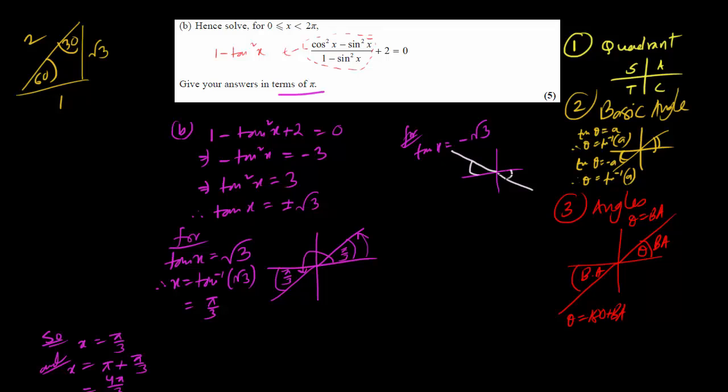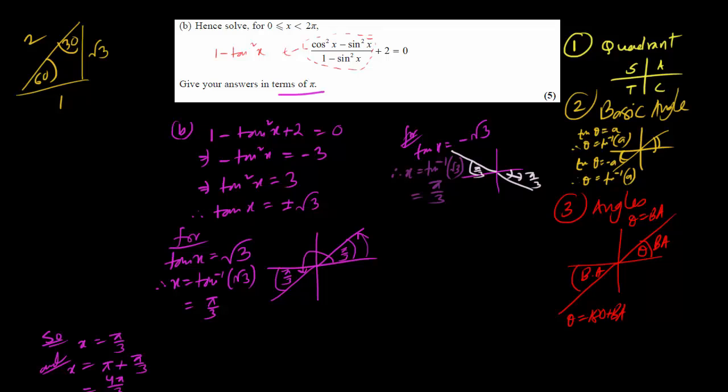So let's find the basic angle. Remember, the basic angle is going to be the absolute value. Therefore, x equals tan inverse of the absolute value of minus square root of 3, which is square root of 3, and from this triangle square root of 3 turns out to be pi by 3. So let me put it over here. This is going to be pi by 3, and this also is going to be pi by 3.